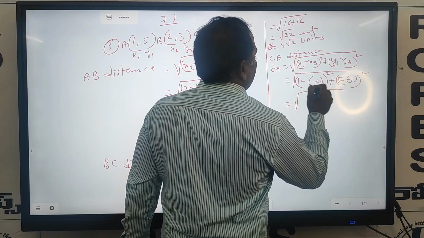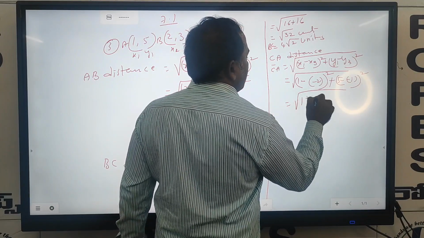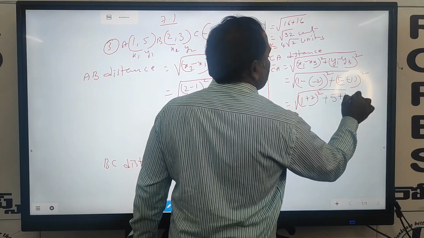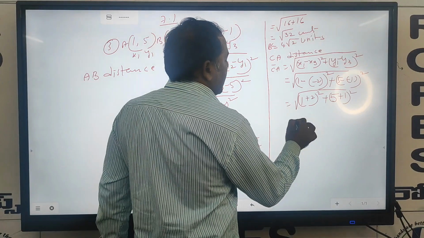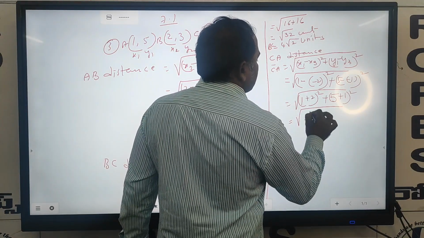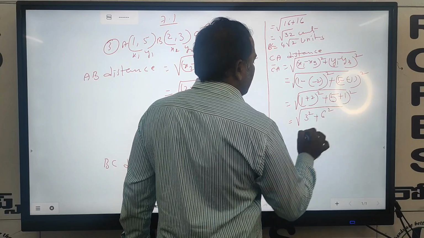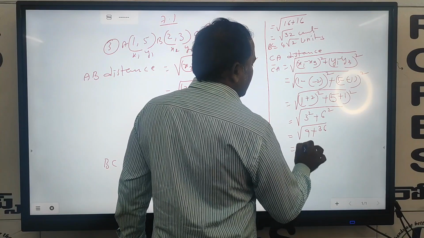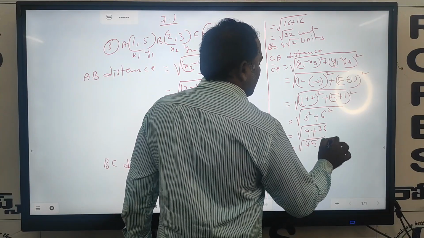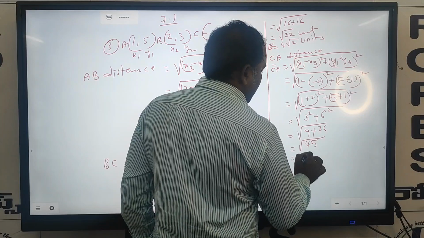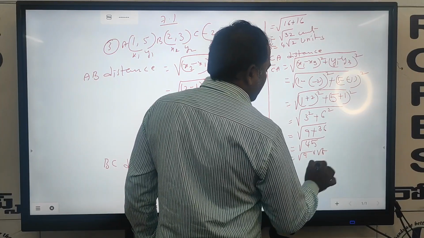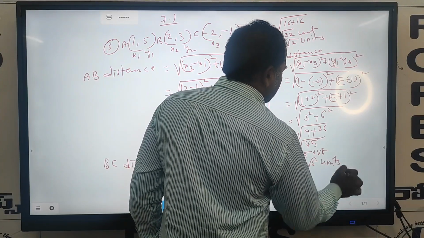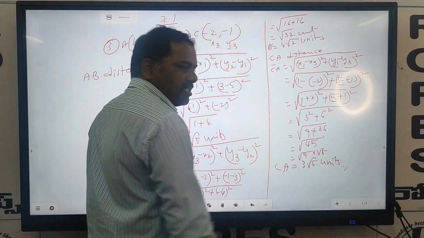That is 1 plus 2, 3 square, plus 5 plus 1, 6 square. 3 square is 9, 6 square is 36. Then 36 plus 9 is 45. Root 45 we can write as root 9 into root 5, which is 3 root 5 units. This is the CA distance.